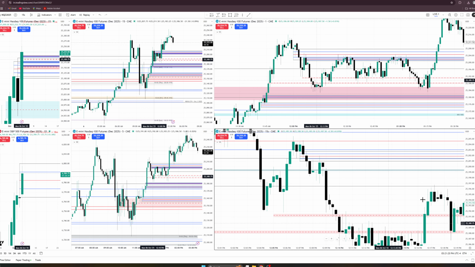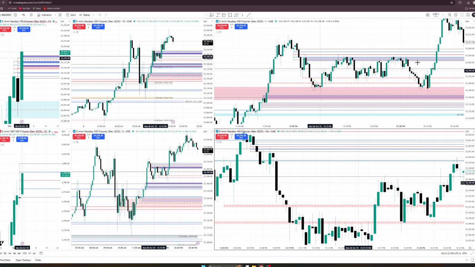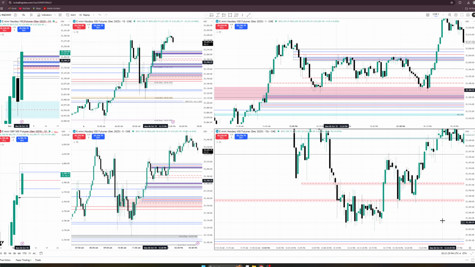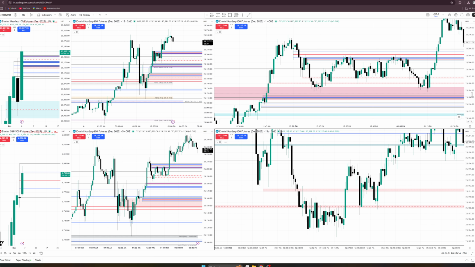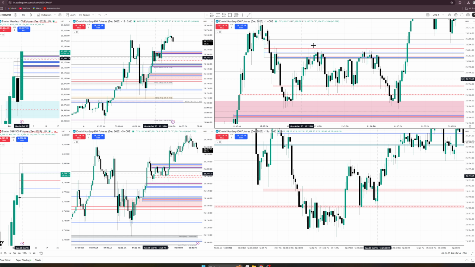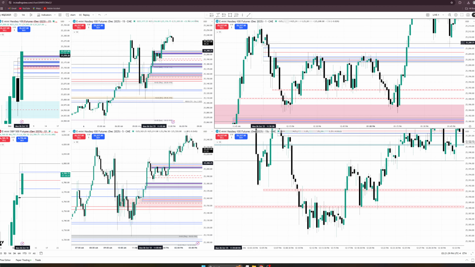So this was one setup, and what else? Again, price was in complete consolidation here, and you can see, guys, I plotted these 4 quadrants.